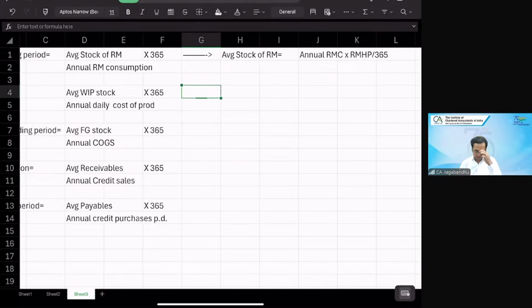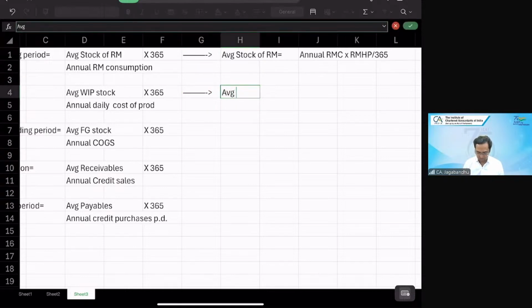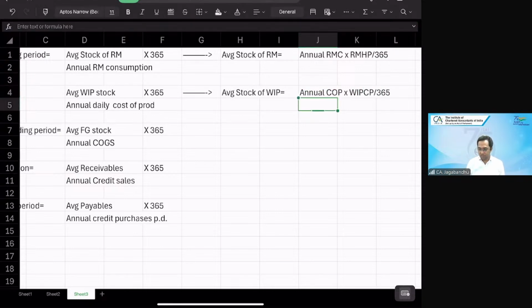Then second part, how do we compute now the average stock of WIP? Of course, this is going to be annual cost of production into WIP conversion period divided by 365. Right?